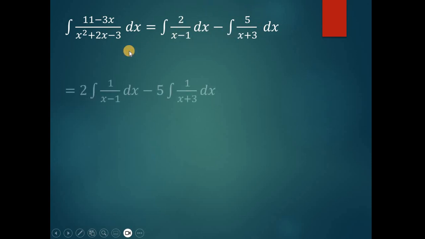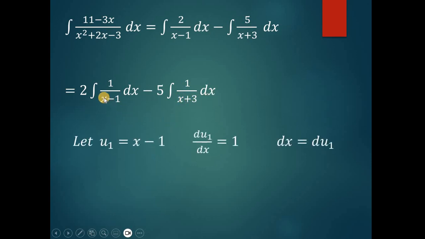We will start by taking out the constant outside the integral sign, and we are going to have 2 the integral of 1 over x minus 1 with respect to x, minus 5 the integral of 1 over x plus 3 with respect to x.